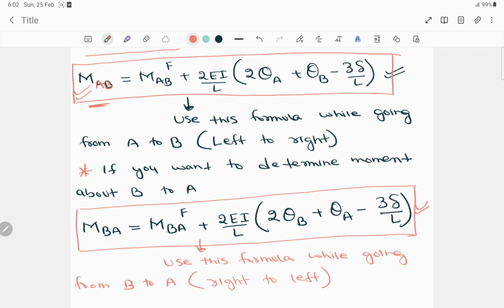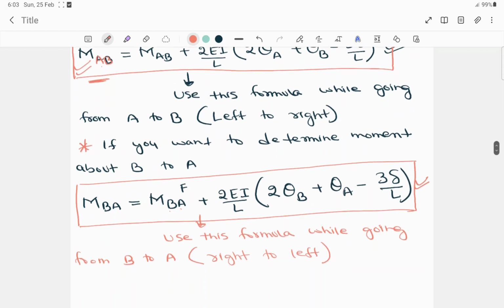Now everything will be B to A. The fixed end moment will be from B to A, and before, for A to B, the 2 theta A was at the beginning, but here theta B will be first and A will be second. So this is the way of remembering this formula.